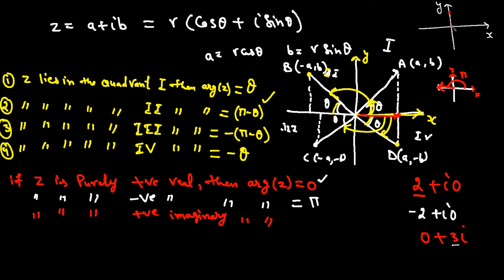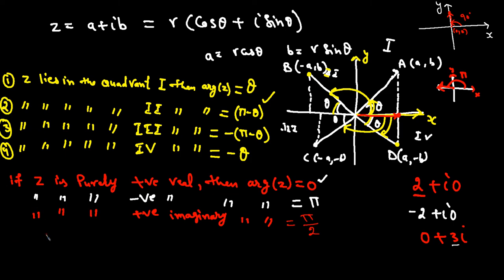What will be the vector, or the modulus? The distance from the origin to the complex number. This is my 0, 0 origin. And what was the argument again? The angle between the positive x-axis and the vector. How much is this angle? 90 degrees, or pi over 2. So the argument is going to be pi over 2.